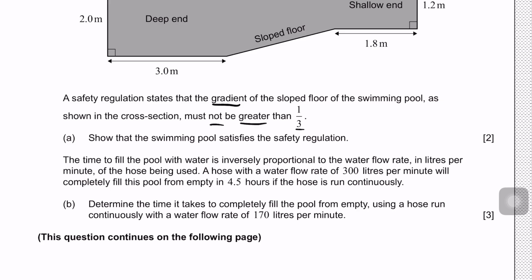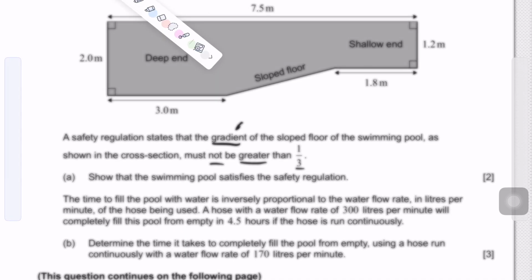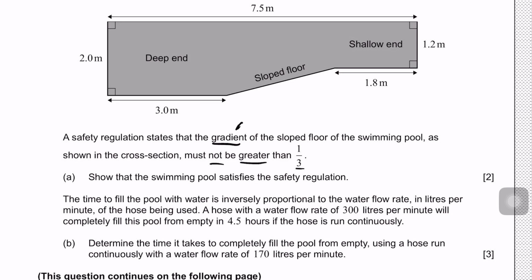Okay. So what is gradient? Gradient is m, it's the slope, and that is this value right here. So let's maybe make a little sketch, see what we can do. So here is a gradient.